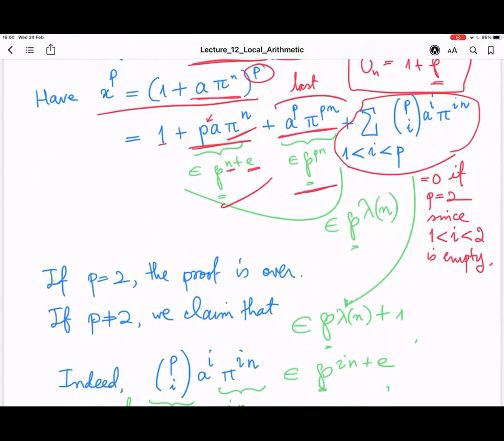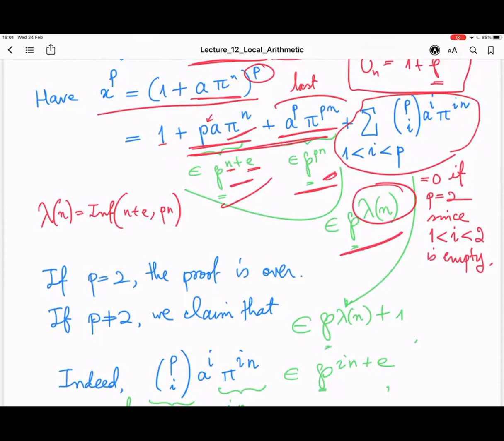So now this λ(n) is equal to the smaller of these two. λ(n) is equal to the infimum of n plus e and pn, right? And therefore, these two elements, one belongs to this and the other belongs to this, both of them belong to this here. Okay, that's one thing.